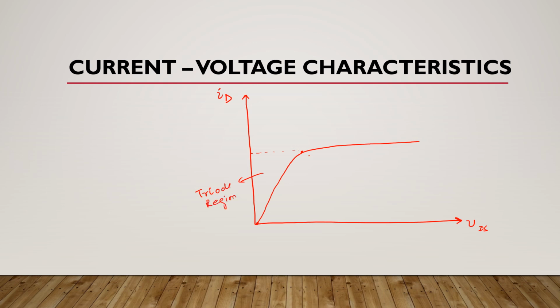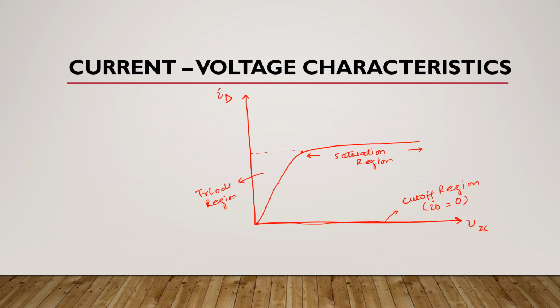This constant region is called the saturation region, and here on the x-axis we have the third region, which is the cutoff region, where drain current is 0.